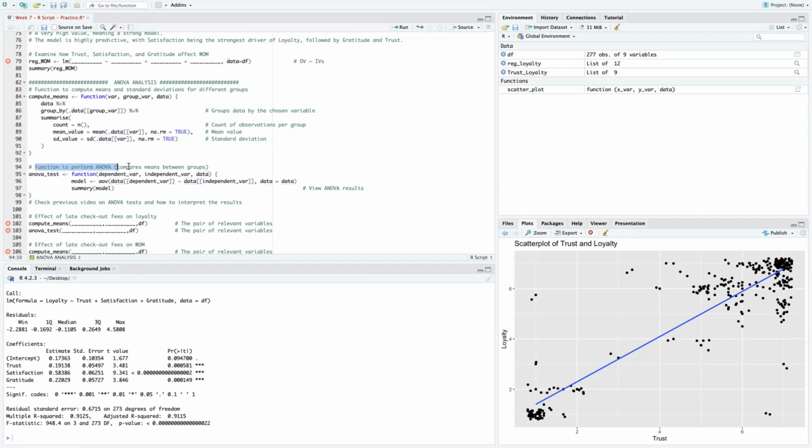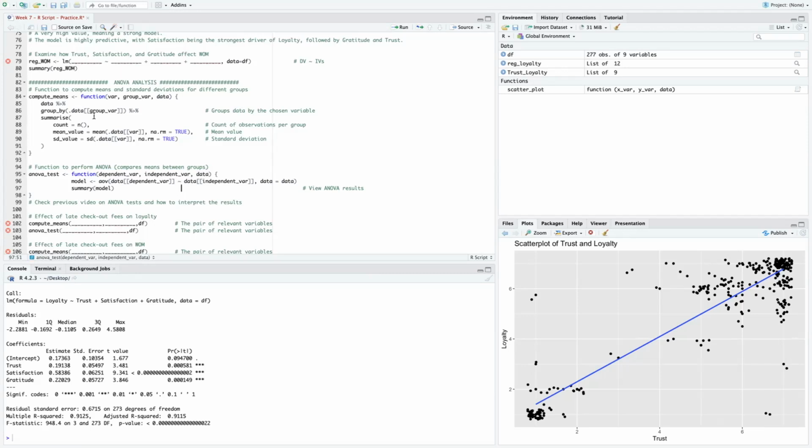And we also have the general function to perform ANOVA, all right? So again, in the previous week, we have conducted a lot of ANOVA tests and t-tests, and feel free to check the previous videos on ANOVA tests and especially how to interpret the ANOVA result, right?